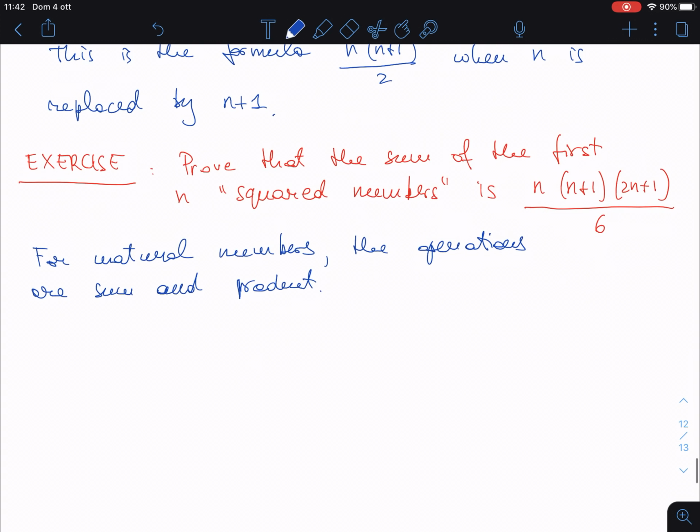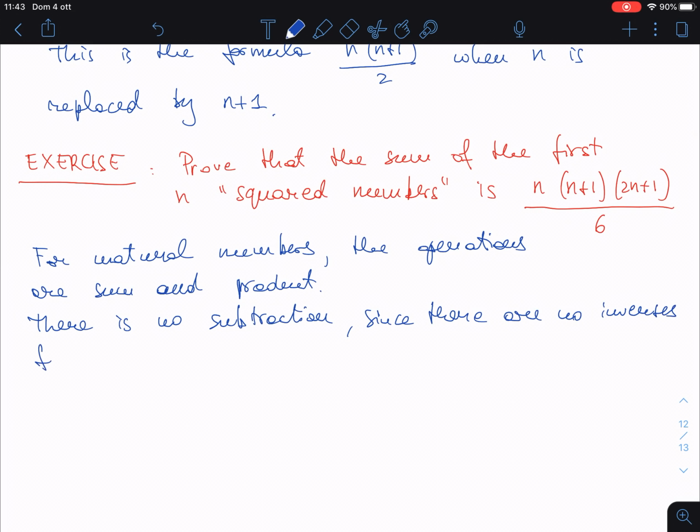So for instance, there is no subtraction. What does it mean? It means that there is no inverse. So there are no inverses for the sum, for the operation of sum.